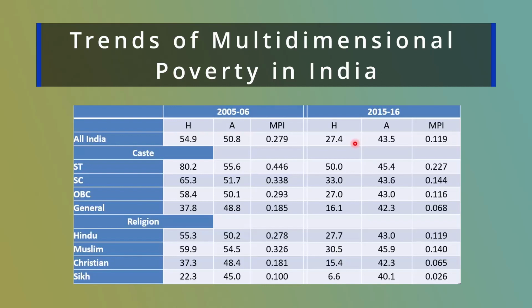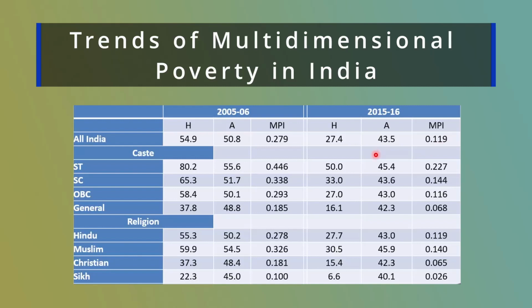As a result, the multidimensional poverty index, which is actually the product of H and A, that is the product of multidimensional headcount ratio and multidimensional intensity of the poverty, the MPI also decreased from 0.279 to 0.119.